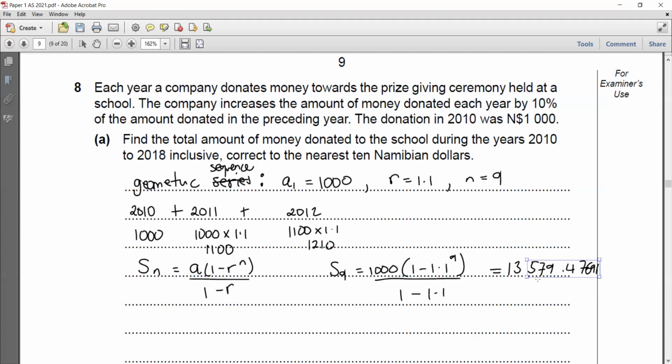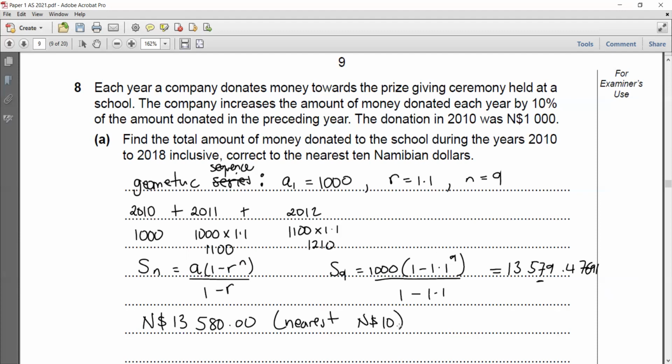So the nearest 10 Namibian dollars would be, look at the 7 here, and the number that comes before it is a 9. Because it's a 9, it's bigger than 5, you add 1 over here. So the total donated to the nearest 10 Namibian dollars is 13,580 dollars.